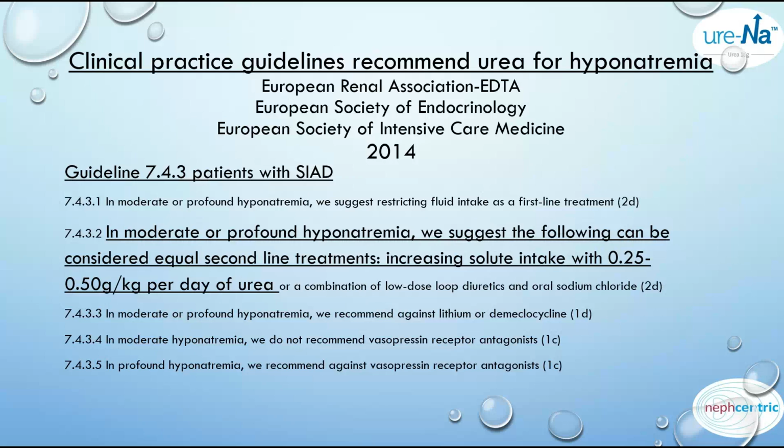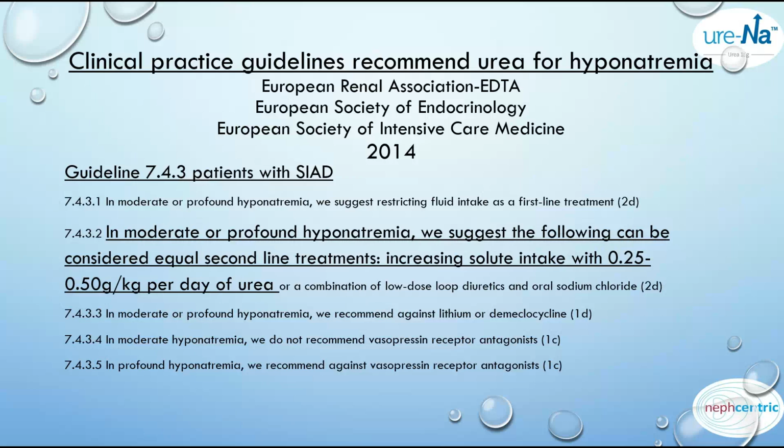In moderate or profound hyponatremia, they suggest the following can be considered as equal second-line treatment: increasing the solute intake with 0.25 to 0.5 grams per kilogram per day of urea intake, or a combination of low-dose loop diuretics and oral sodium chloride.